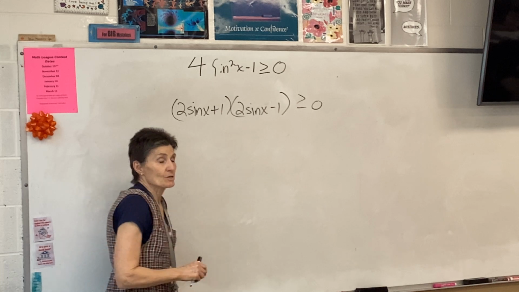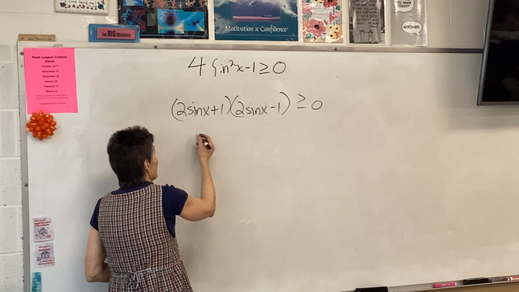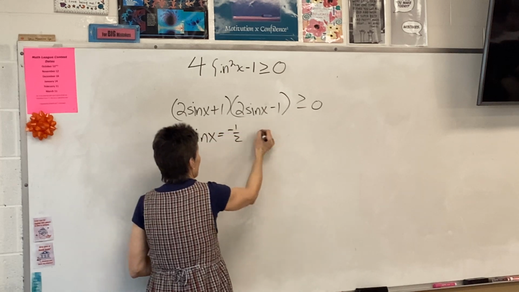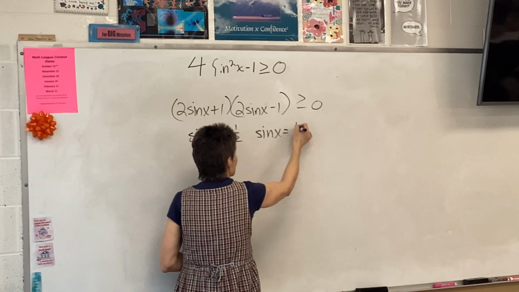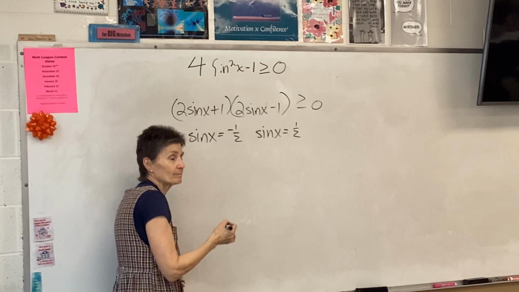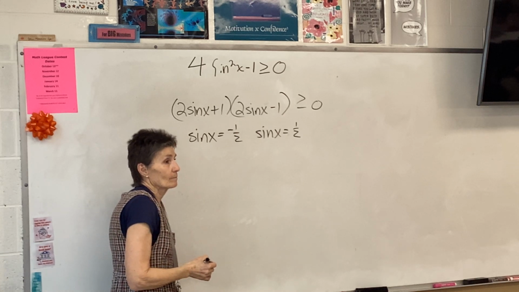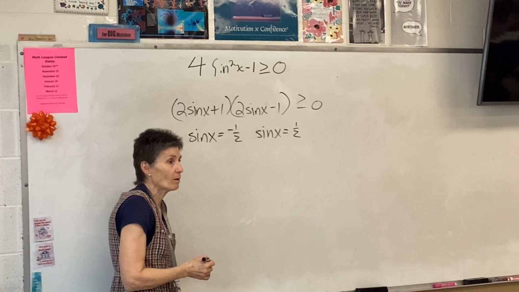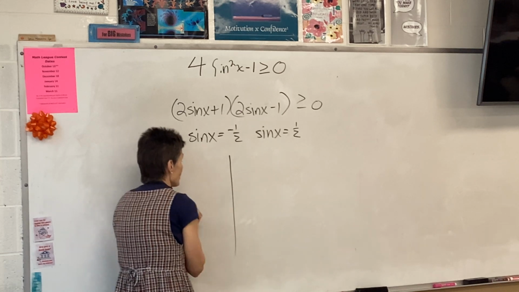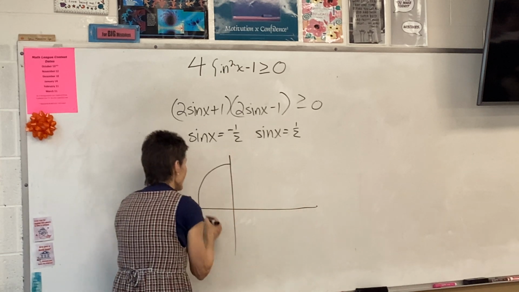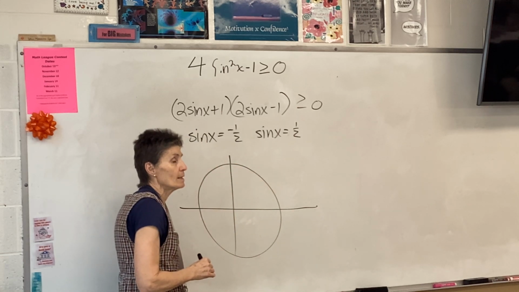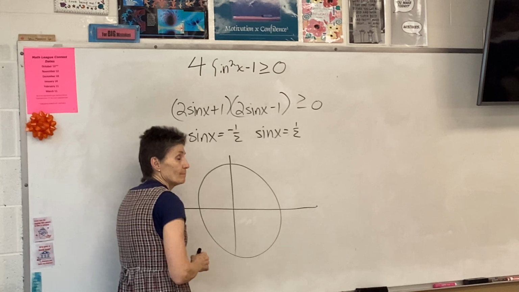Okay? So then, my two key numbers are gonna be where sine is -1/2 and where sine is +1/2. Right? So I'm gonna find those angles that are gonna be part of my answer. So, where does the sine, that is the y value, equal 1/2?